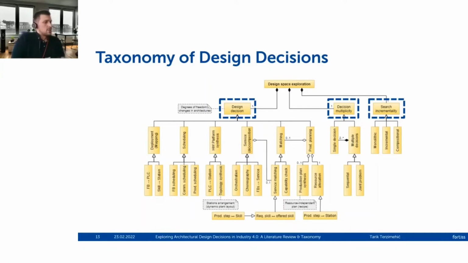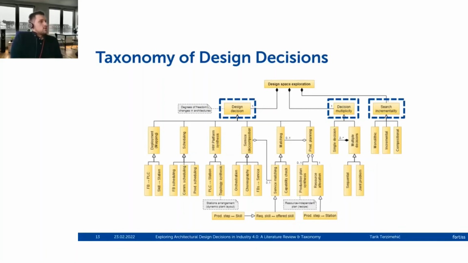But there is also the possibility to think about allocating skills or services to the station. Then scheduling, like function block scheduling, so calculating the execution order of function blocks, or communication scheduling, so the temporal order of communication. And we also have production scheduling, so deciding when which product will be produced.